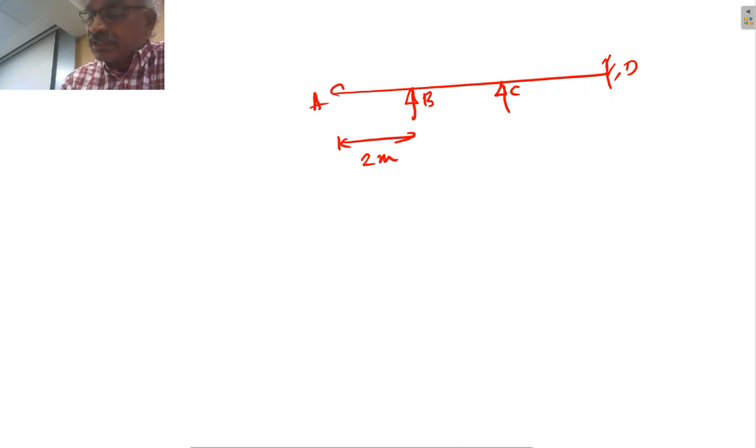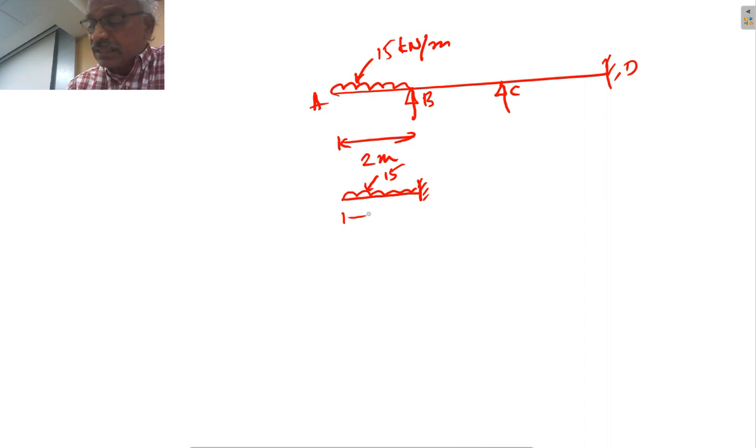Now this beam is subjected to a UDL of 15 kilonewton per meter. Now initially you assume this as a cantilever subjected to UDL over the entire span, 15, right? This is 2 meters, right?